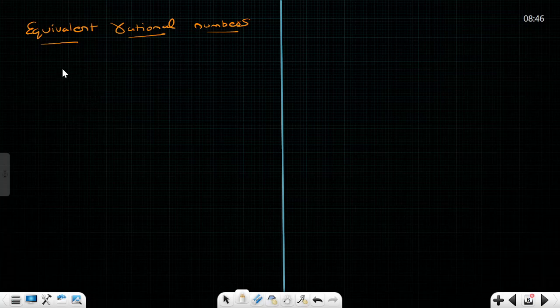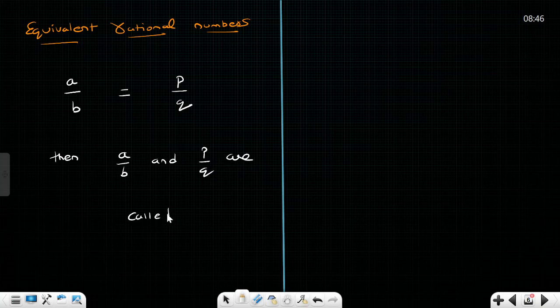Example I'll give you. Let's say there is one rational number a by b, and another rational number p by q. After simplification and everything, if you get that a by b equals p by q, then rational number a by b and rational number p by q are called equivalent rational numbers.